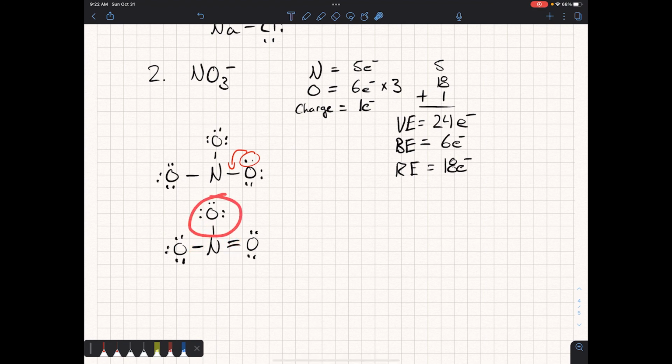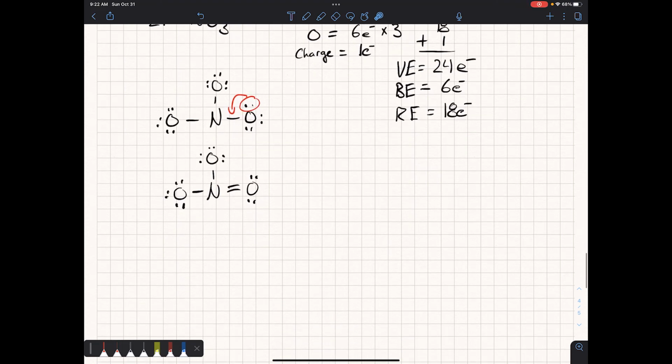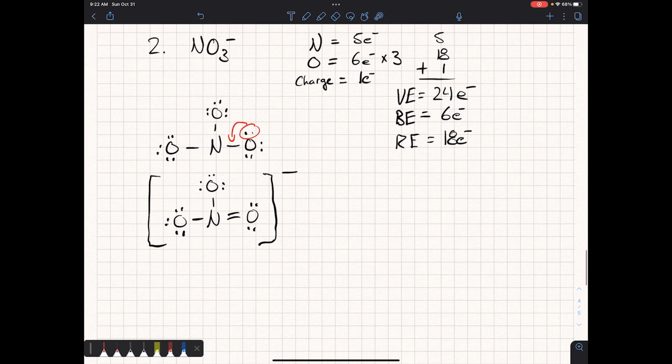But we didn't change any of the electrons on these guys, so they remain the same. Okay. So this would be a correct Lewis dot structure, but we need to add brackets and this minus sign outside the brackets to match the charge on our ion up here.